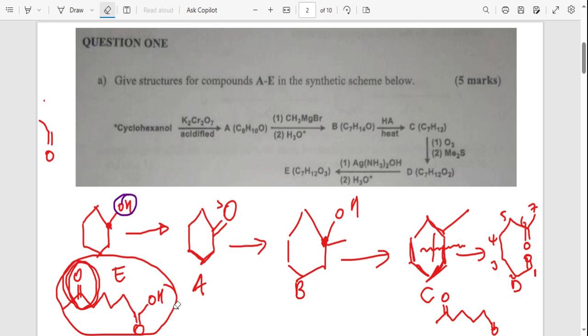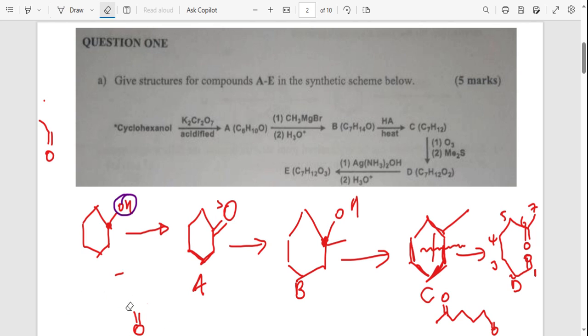So what should we know? What we need to know is that primary alcohols can be converted into aldehydes, and then these ones also can be converted into carboxylic acids.